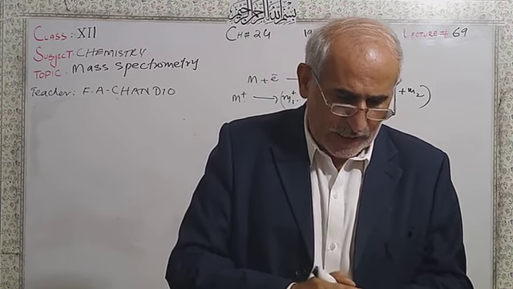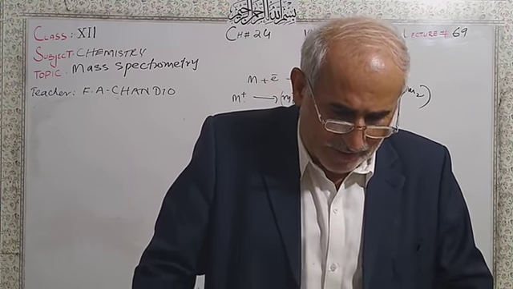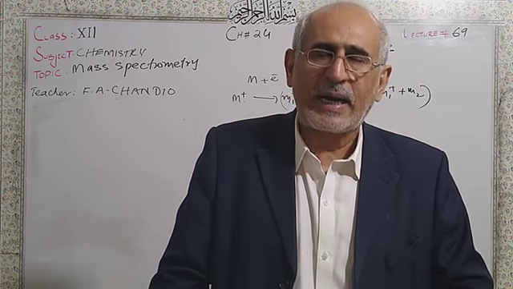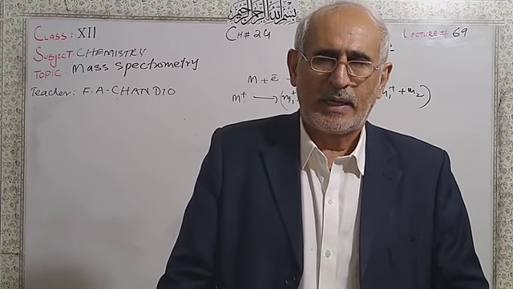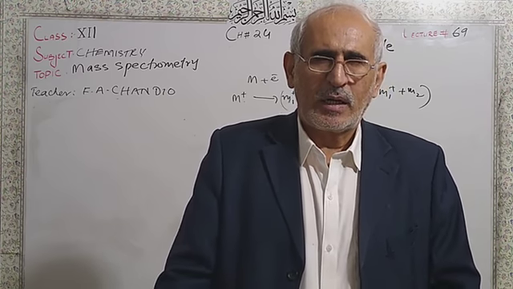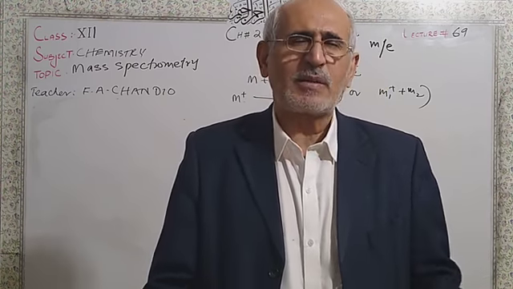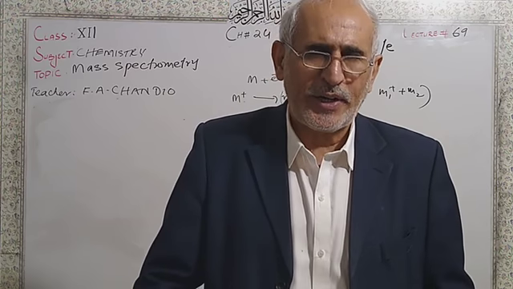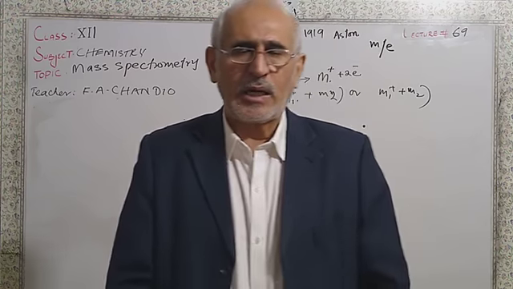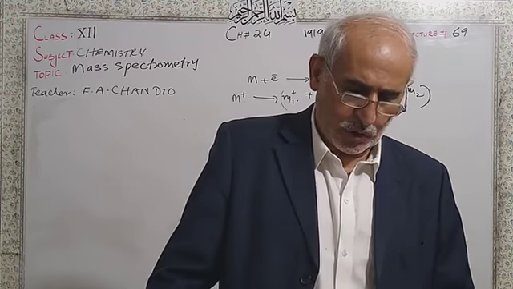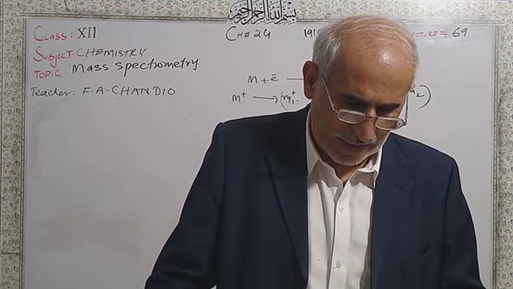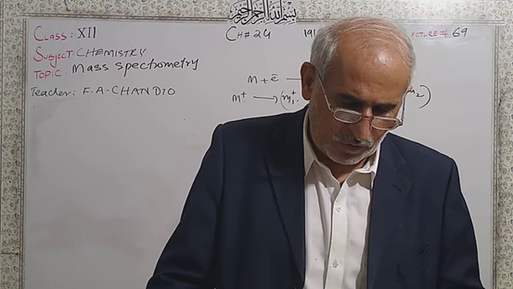The positively charged ions are separated by deflection in a variable magnetic field. Every positive ion has a different mass, as I told you about isotopes.